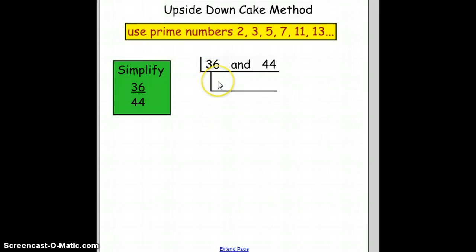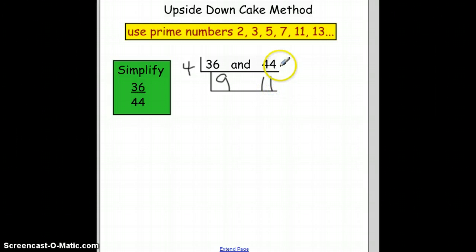Alright, so now you try this one. What will go into 36 and 44? Well, hopefully you know that 4 and 11 are factors for 44, and 4 will also go into 36. 4 goes into 36 nine times.